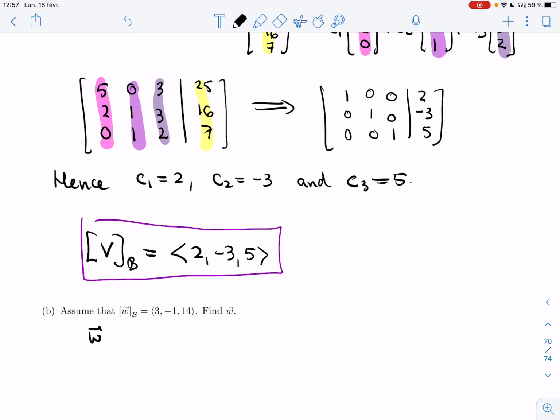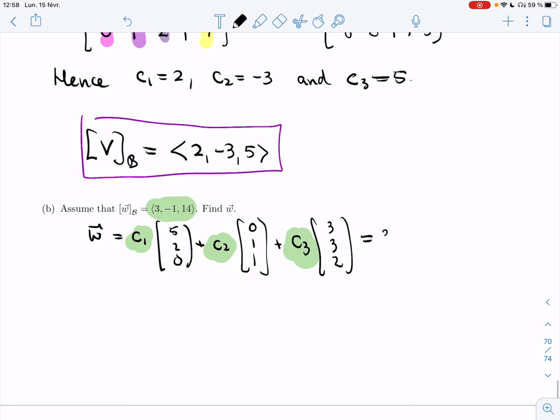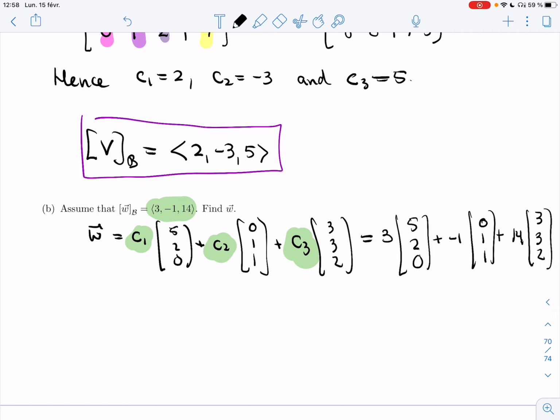Well, we know that w is C1 times the first vector plus C2 times the second plus C3 times the third. And then what we're given here is C1, C2, C3. So in fact, we would actually be able to write w right away. It's 3 times this one, minus 1 times (0, 1, 1), plus 14 times (3, 3, 2). And all you have to do is compute. You don't actually have to reduce in this case at all.